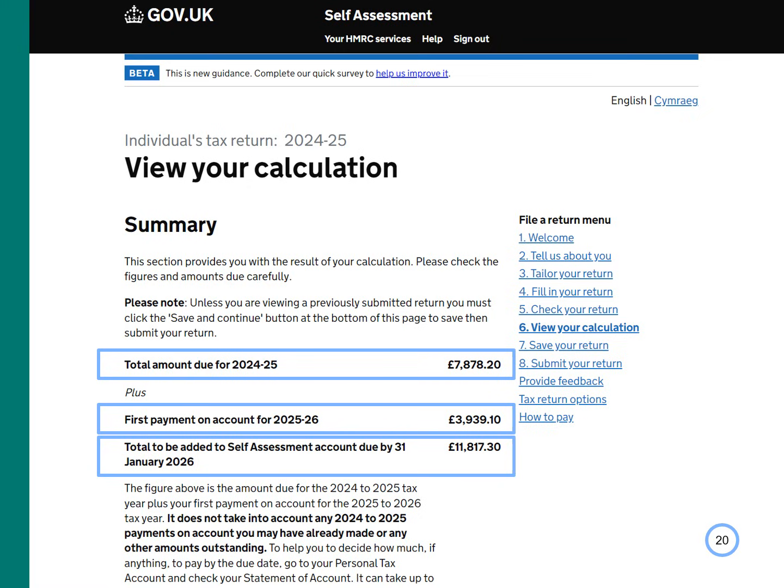It also tells you the first payment on account for 2025 to 2026 and the total amount that will be added to your self-assessment account and become due to be paid by the 31st of January 2026. Please remember, the amounts shown are based on the figures you've entered in the tax return and do not include payments you've already made or any amounts that are outstanding on your self-assessment account.